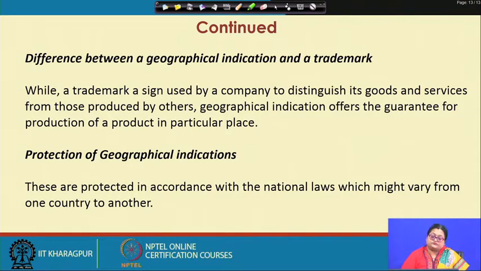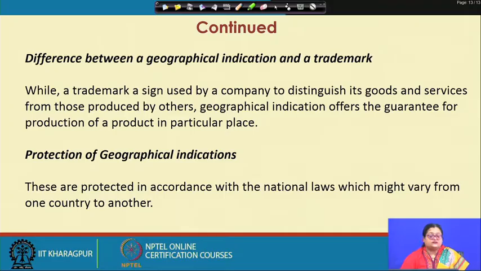So, this is where it may be related to, for example, sweets. A particular sweet belongs to a particular region of India and you get its value from that.